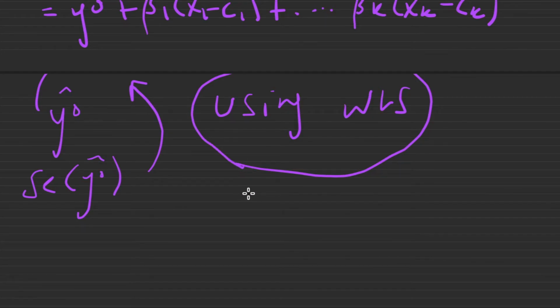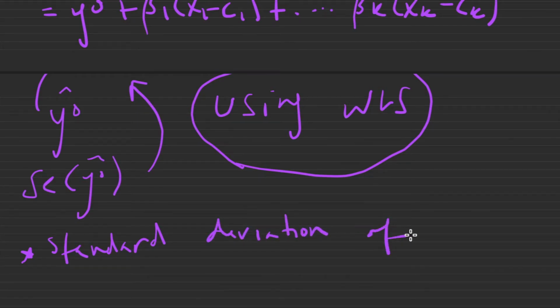Now we also need the standard deviation to get a complete characterization of the prediction interval. We need the standard deviation of u0, which is the unobserved part of y0.